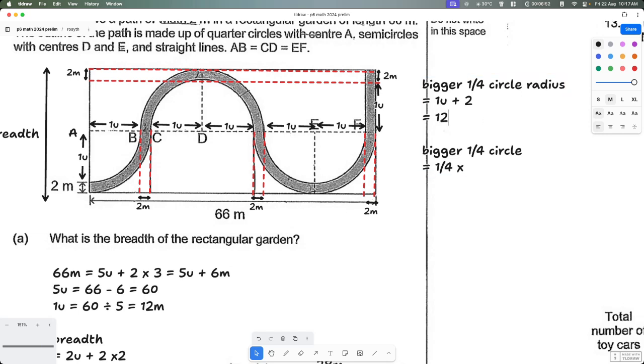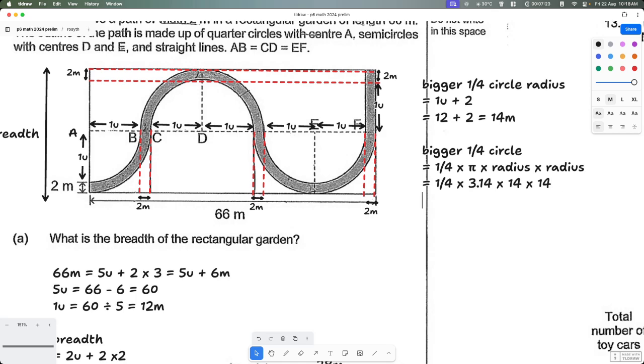So 12 plus 2 is equal to 14 meters, right? So bigger quarter circle is pi r square. So we have pi times radius times radius, okay? So now we just put in 1/4 times pi, which is 3.14, times the radius, which is 14 meters, right? 14 times 14.